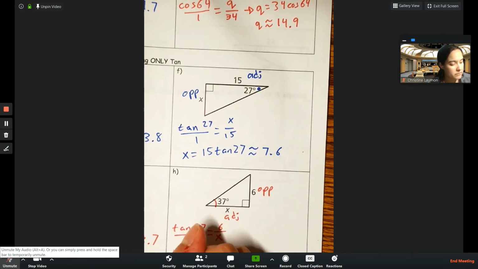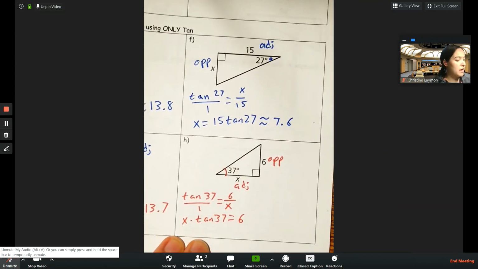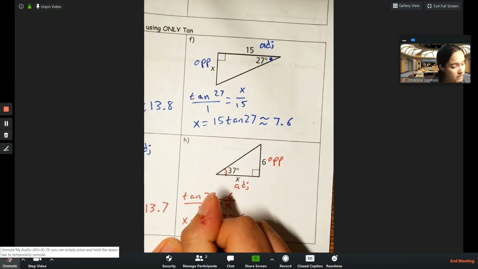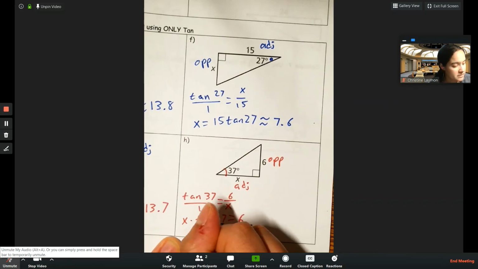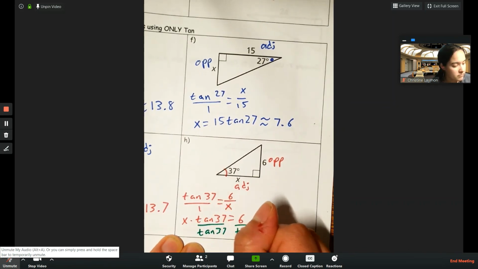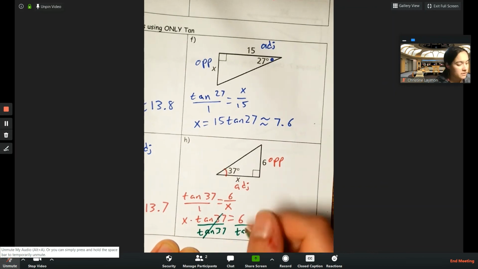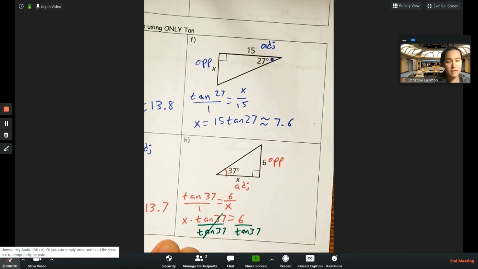I have x times the tangent of 37 equals 6. Go ahead and divide both sides by tangent of 37. Again, your job is to get x by itself. Okay, so these tan 37s are gone. X will equal whatever this stuff is. Let's go ahead and type it into the calculator.